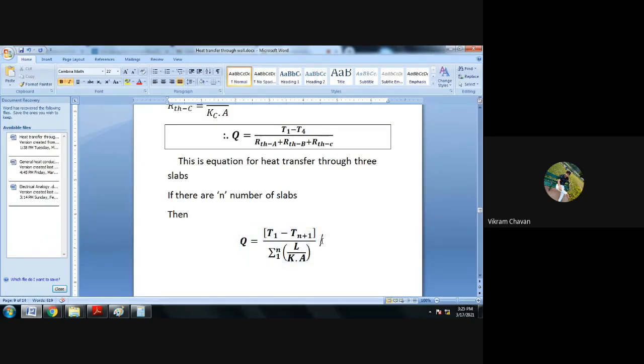So this is the equation we have to consider in general for n number of slabs.